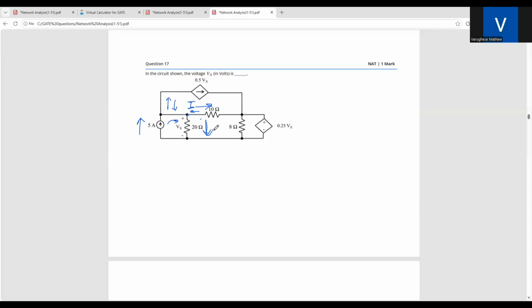So, sir, what is 4.5 Vx minus I? Why 4.5?